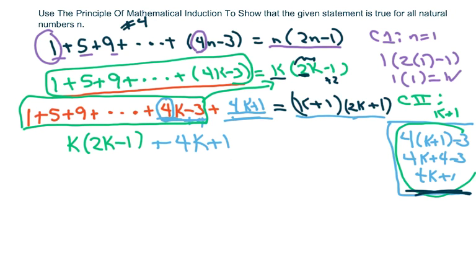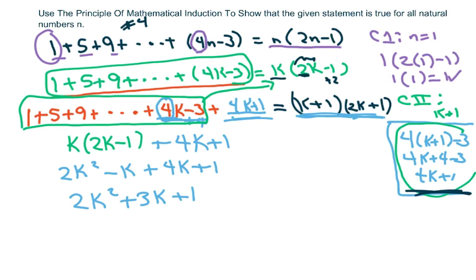If you want to FOIL this and clean it up, you can, but I'm not going to do that. So you get 2k squared minus k plus 4k plus 1. This gives you 2k squared plus 3k plus 1.